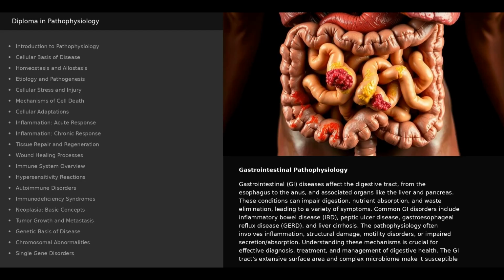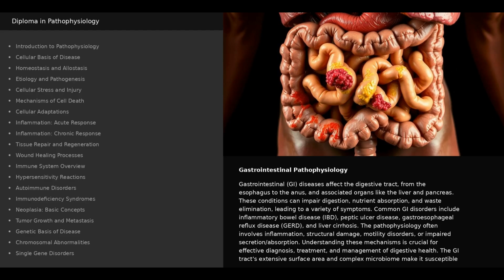Gastrointestinal pathophysiology. Gastrointestinal (GI) diseases affect the digestive tract, from the esophagus to the anus, and associated organs like the liver and pancreas. These conditions can impair digestion, nutrient absorption, and waste elimination, leading to a variety of symptoms.